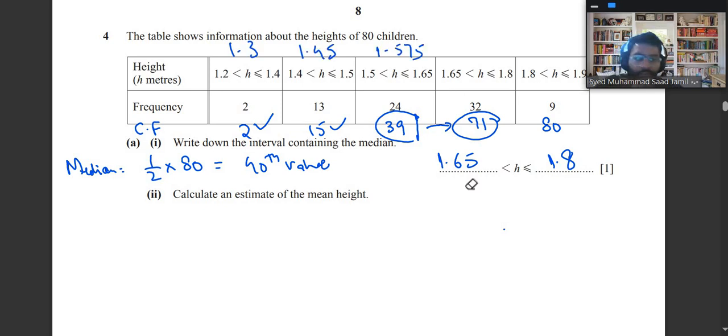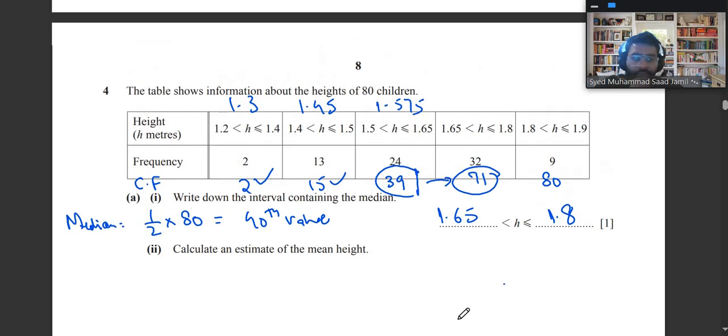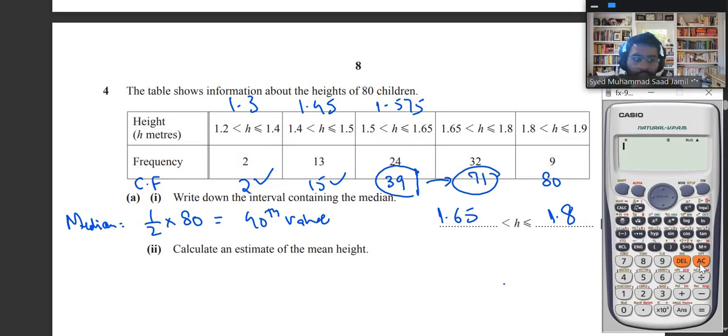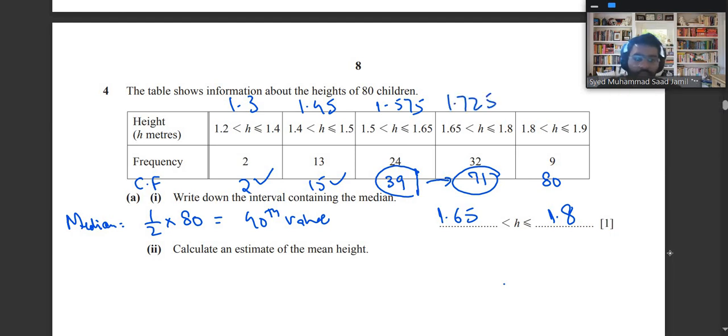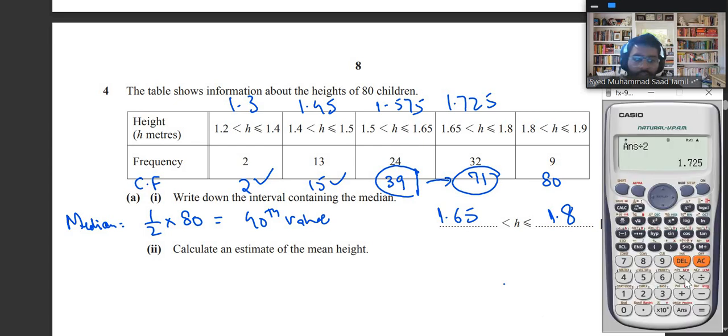I decided to do some of them with you guys as well, so that you don't become confused. I've already written most of the values. 1.65 plus 1.8 divided by 2 is 1.725, and this one is 1.8 plus 1.9 divided by 2, it's 1.85.